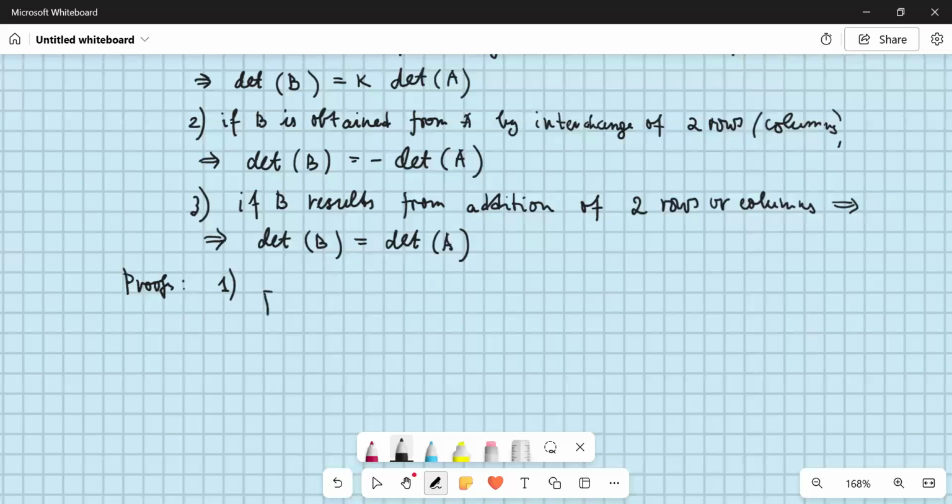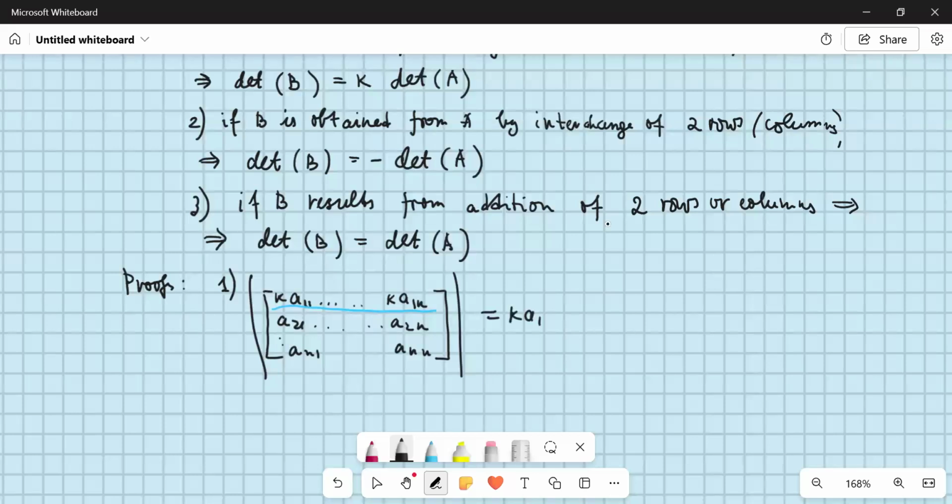So I'm going to multiply by K the first row. It does not matter, but if I want to use my formula, I'm going to multiply by K the first row, and all other rows are going to stay the same. And I'm going to calculate the determinant of this and expand by the first row. Well, you probably already see what is going to be the result.